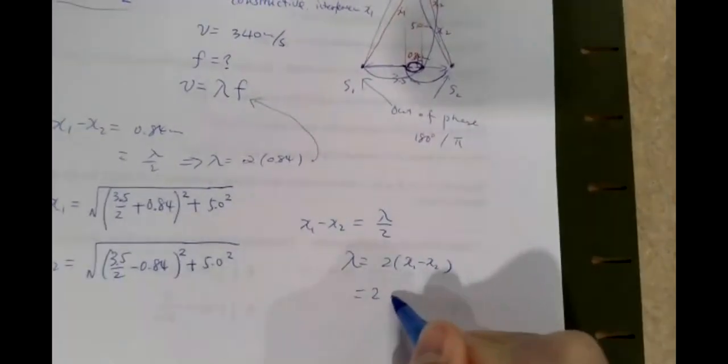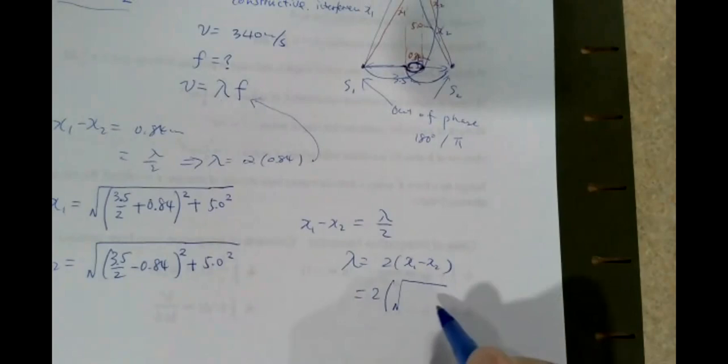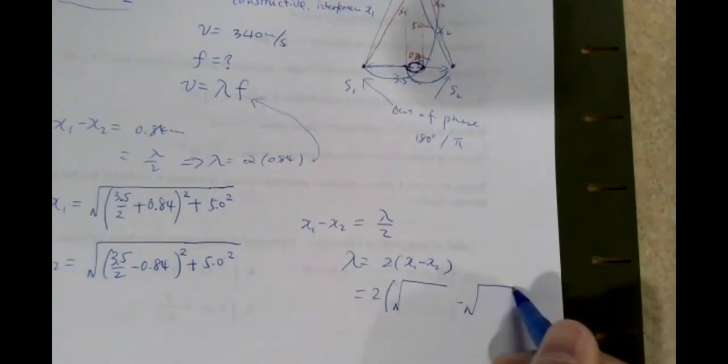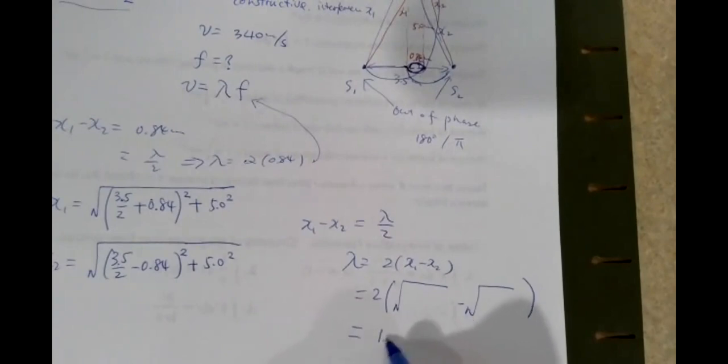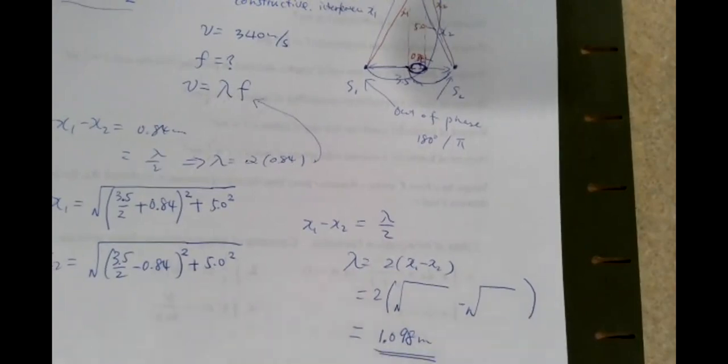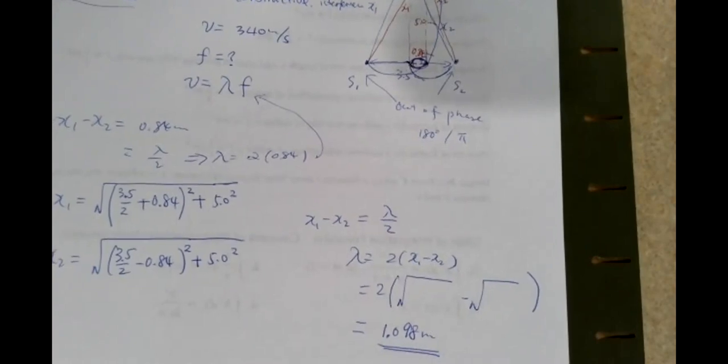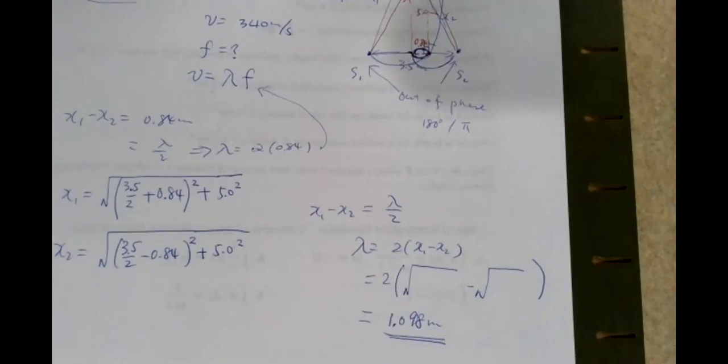So what I did is lambda equals twice the square root, the first one minus the second one. I did it that way. So then my lambda is 1.098 meters. It's not 1.68, but it's 1.098. So that's how you need to figure out your lambda here.